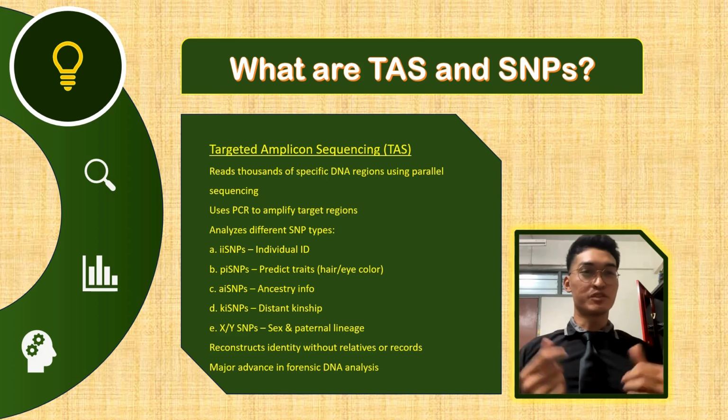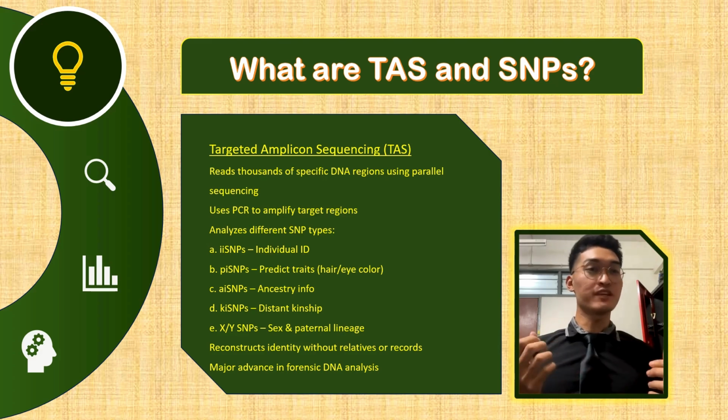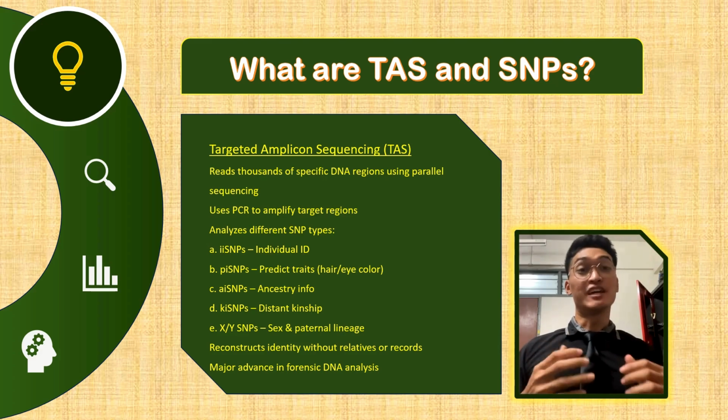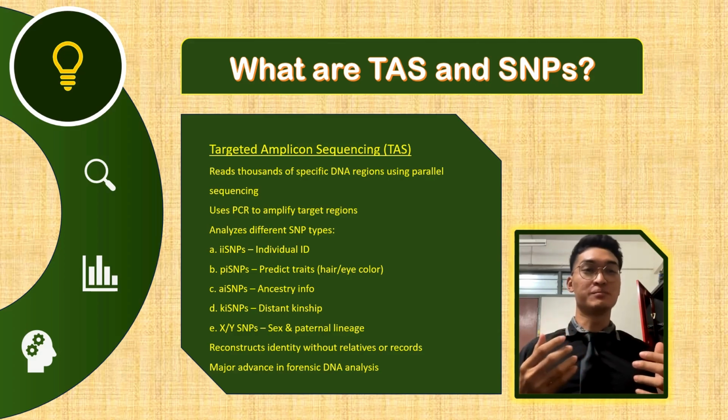Targeted amplicon sequencing or TAS employs massively parallel sequencing to read thousands of specific DNA regions at once. It works by amplifying target regions of DNA using PCR and sequencing them simultaneously. Each SNP is a single base change that gives us different types of information, like IISNP, identity informative SNPs.